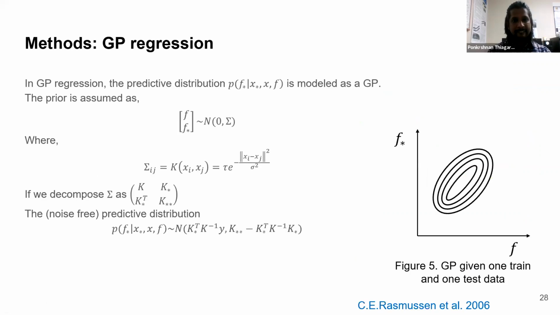Next. As you can see in the figure on the right-hand side, given one training and test data, this is a 2D plot of the Gaussian process, in which the alignment of the axis of the ellipses is dependent on the covariance matrix. We learn this covariance matrix such that for any new prediction input, we can get the output of this model using a Gaussian process. Next.